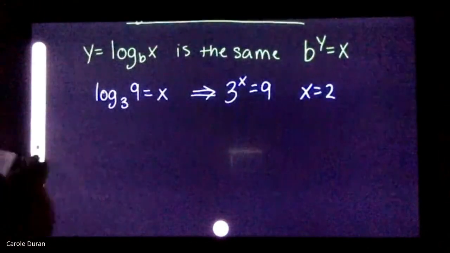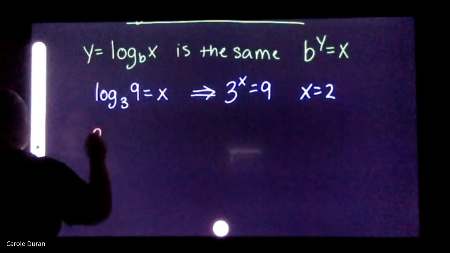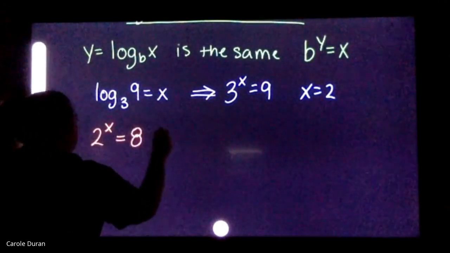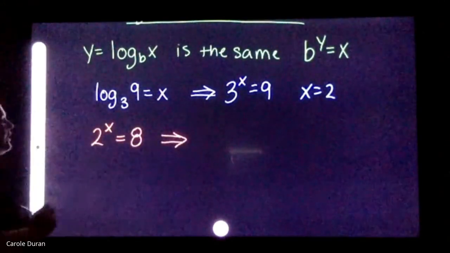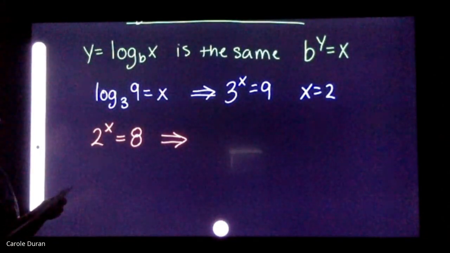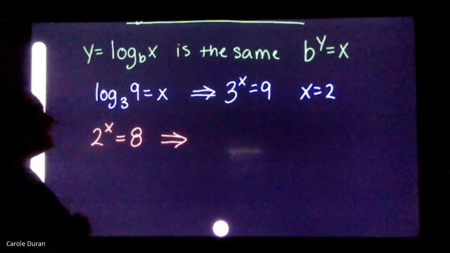So another example I would like to do is rewrite 2 to the x power equals 8 as a logarithm, and then solve it. So we're solving for x, right? Yes.